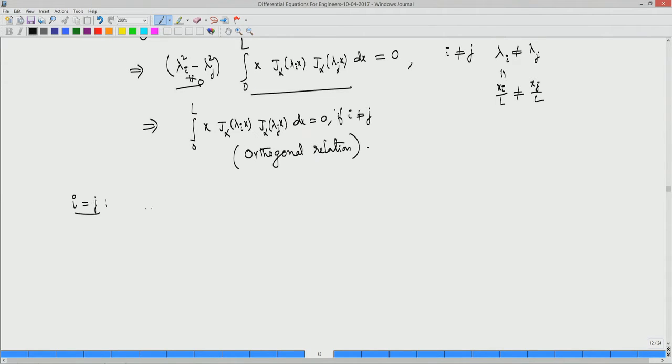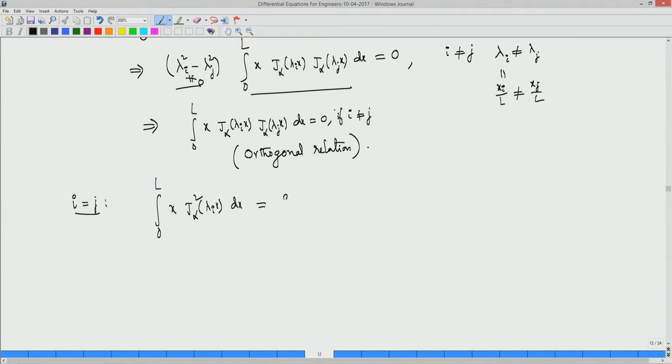In this case what you have is the integral from 0 to L of x times J alpha squared of lambda i x dx. Since both are the same, we will see that this is equal to some number.